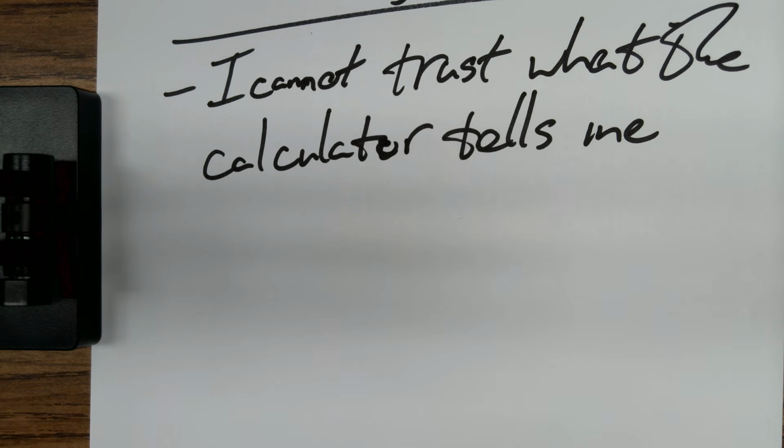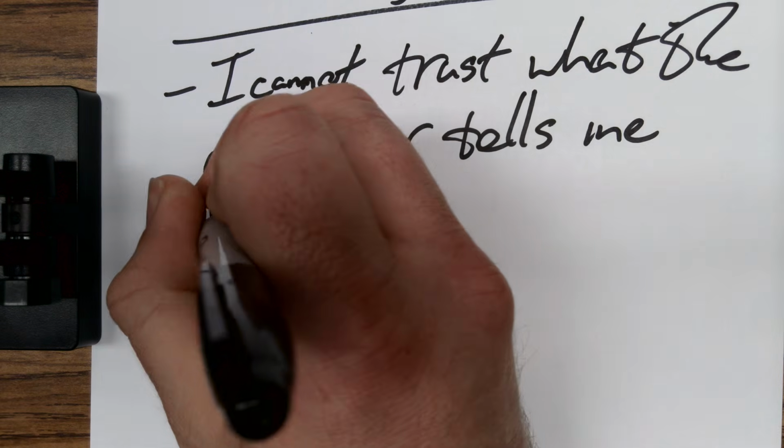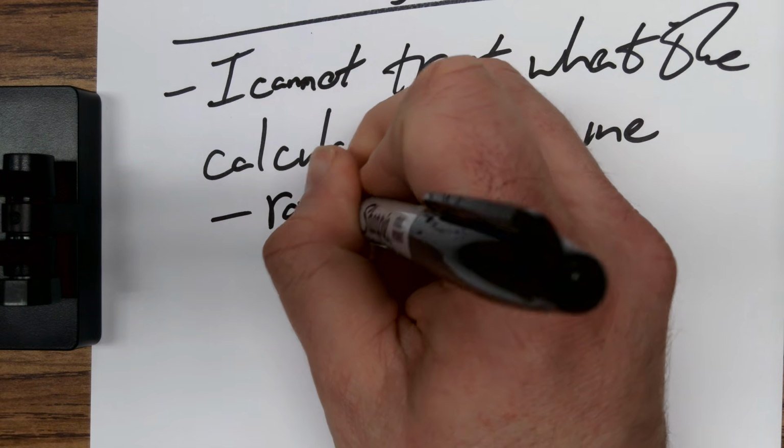Anytime I'm doing some kind of math in chemistry, I cannot just take whatever the calculator puts out for me and record that as my final answer. There's a reason for this in chemistry and all the sciences, actually, that we're going to always have to round it.